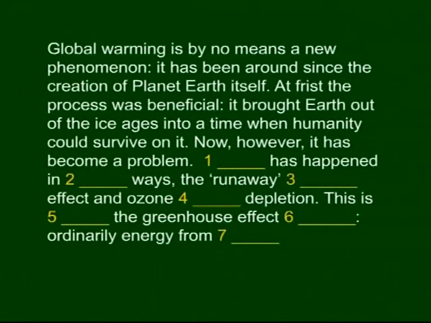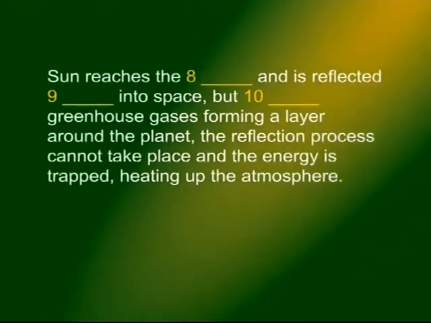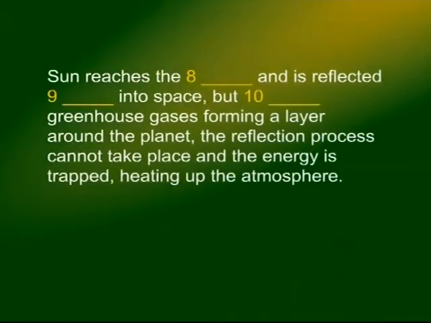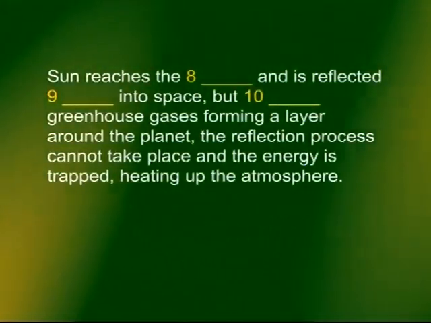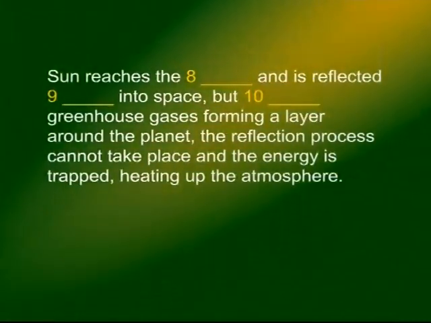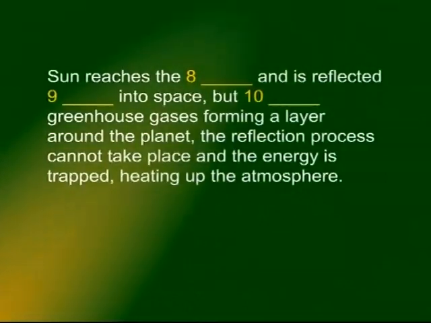This is the greenhouse effect. Ordinarily, energy from the sun, that you can fill in very easily. It has to be the determiner, the article the. The sun reaches the earth and is reflected back into space.